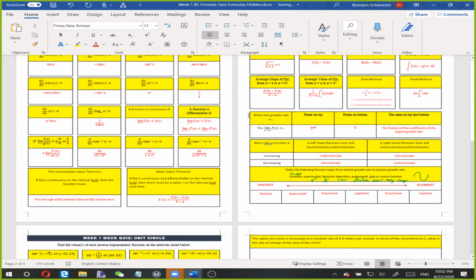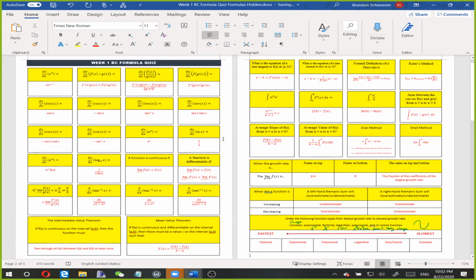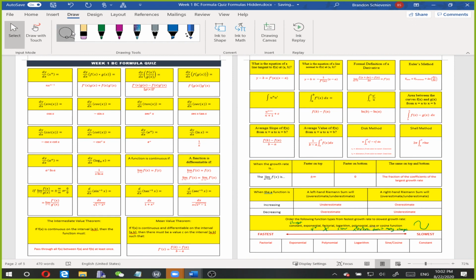I'm going to go ahead and drop these in the WeChat really quick. Oh, get rid of my extra drawings. Oops.